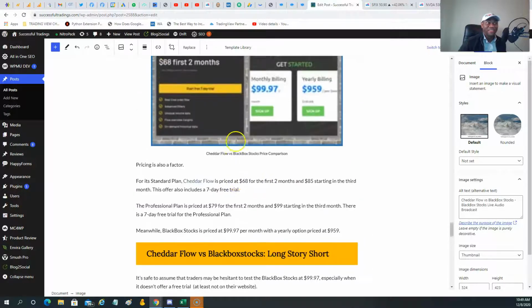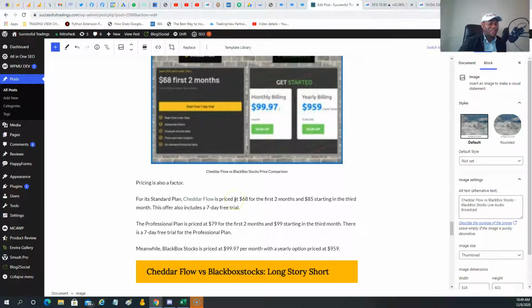Conservatively, I break the month into 4 weeks, and each week I make a trade that makes me $100. I will have $300 of profits, and then pay for the rest of the 100. Same thing on Cheddar Flow.